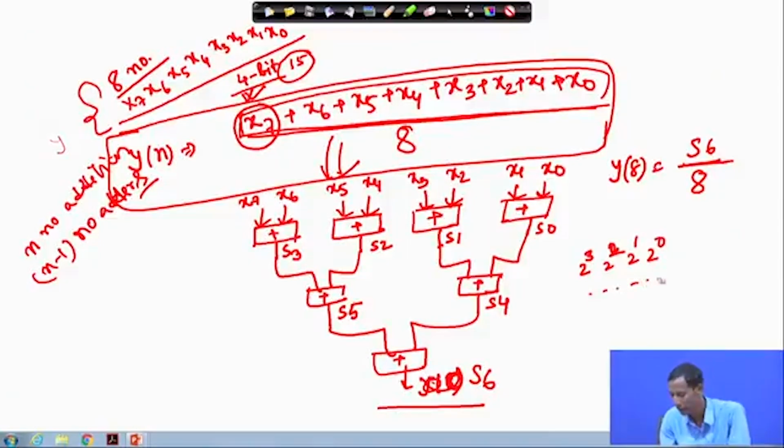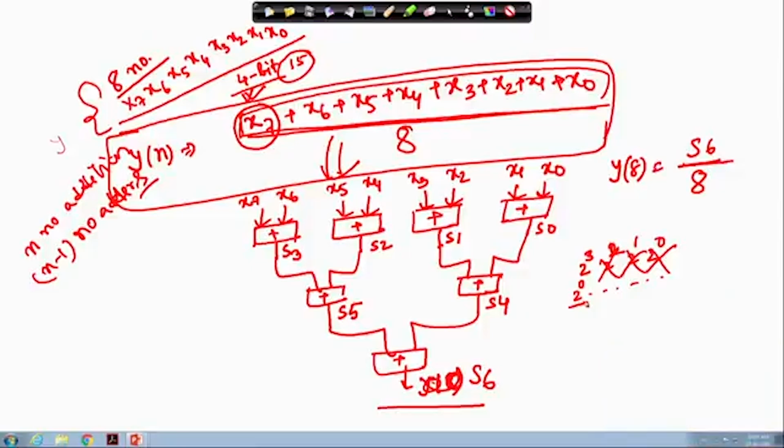So if I discard the last 3 positions, the weight comes down to 2 to the power 0. That means I am doing divide by 8 by truncating the last 3 bits. So I do not need any extra hardware for this division operation. This is the parallel implementation of this circuit.